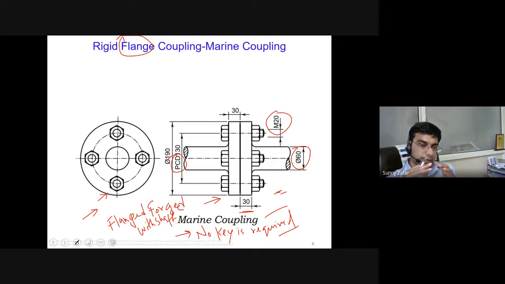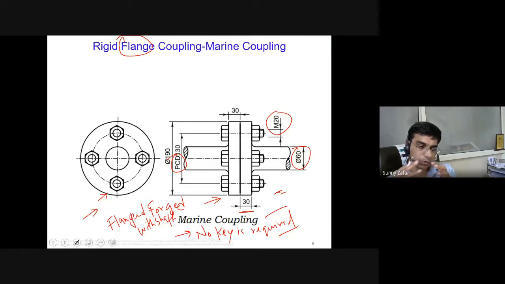The next assignments are based on these topics, that is essentially the keyed joints that we have discussed, for example the gib and cotter joint, knuckle joint, and all. And the sixth assignment, which is also uploaded in the Moodle, will be considering the shaft couplings. So these two topics basically will complete our drawing part.